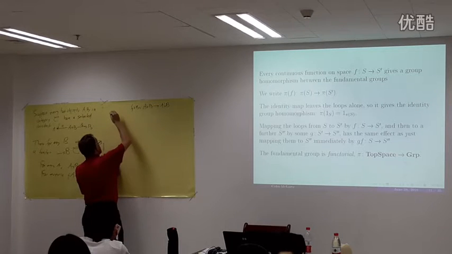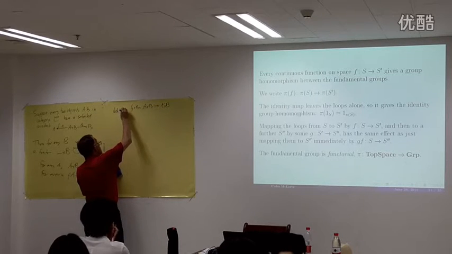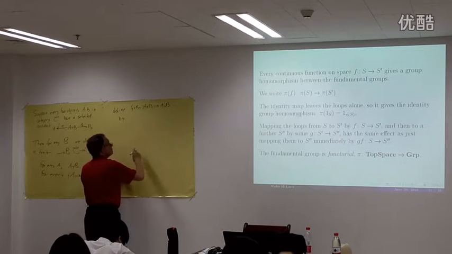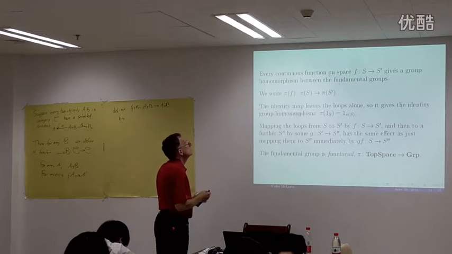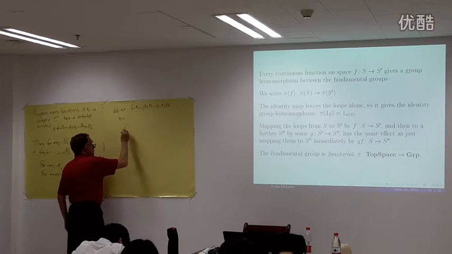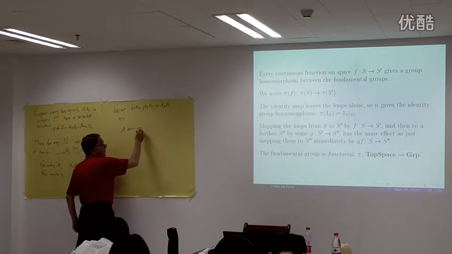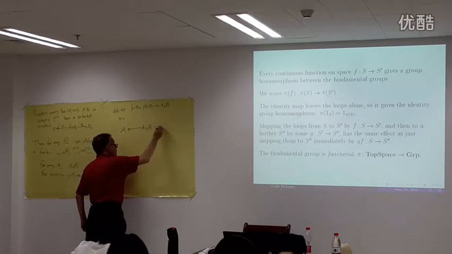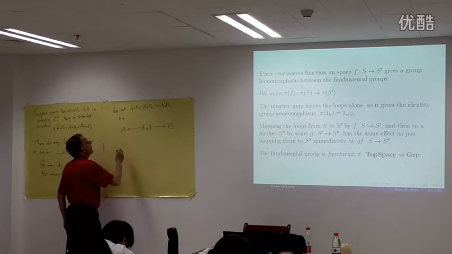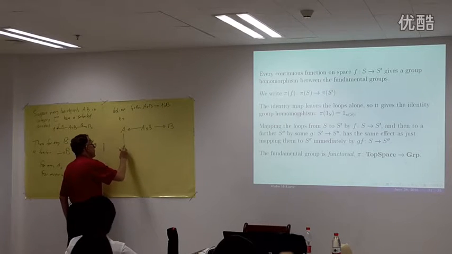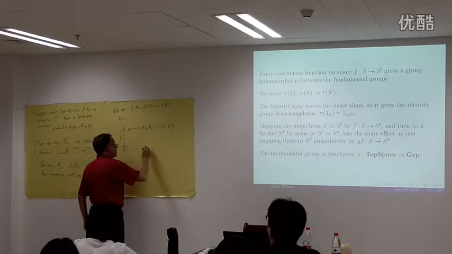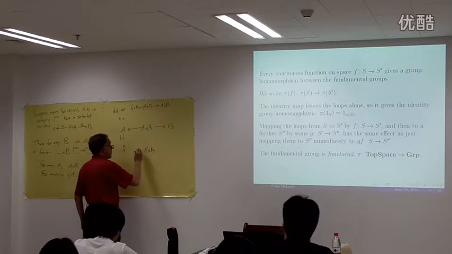Define it by, well, look at my data. How am I going to draw this? I've got my product of A with B. And I've got an arrow from A to A prime, F. Now I've got a product of A prime with B also.